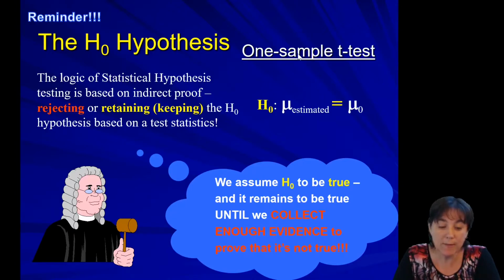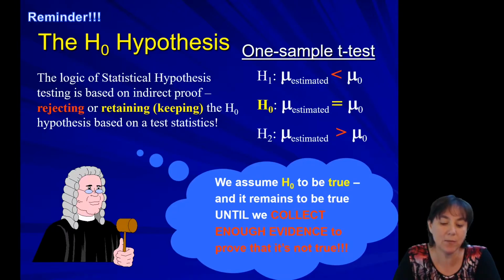For the one sample t-test, we had a mu null, a pre-given value, and we compared that to the estimated population mean that we sort of concluded from the sample that we took. These are the alternatives, and of course we have in mind usually one alternative that we want to become true.